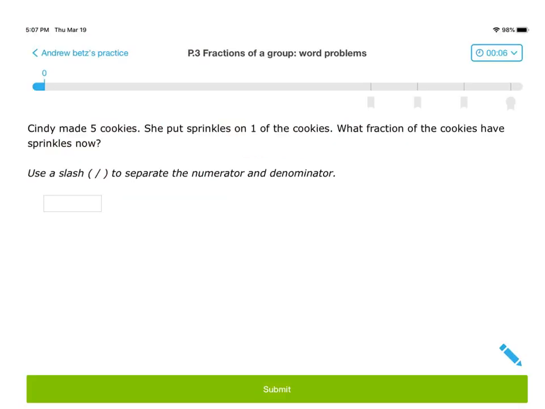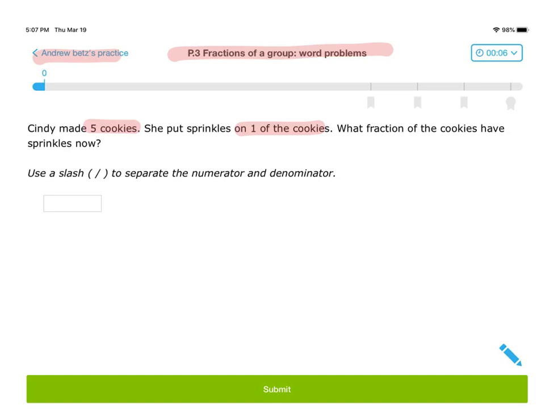All right, so in your first target, after you do your math board 1-minute test, I want you to go to IXL. This is P3, if you noticed up here. I'm using Andrew's as an example. So Andrew, you've already got a few points in there, okay? Let's read the question. It says, Cindy made 5 cookies. She put sprinkles on one of the cookies. What fraction of the cookies have sprinkles now?